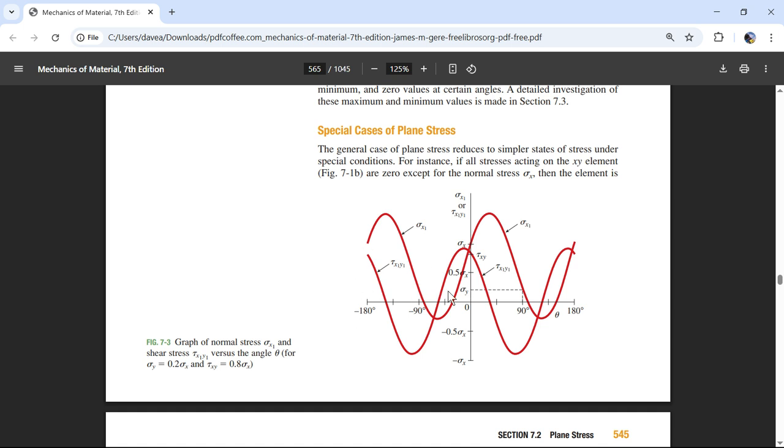So if we had three lines, you would have this sigma x1, you would have another one, sigma y1, and it would go through this point right here, and then you would have the shear.